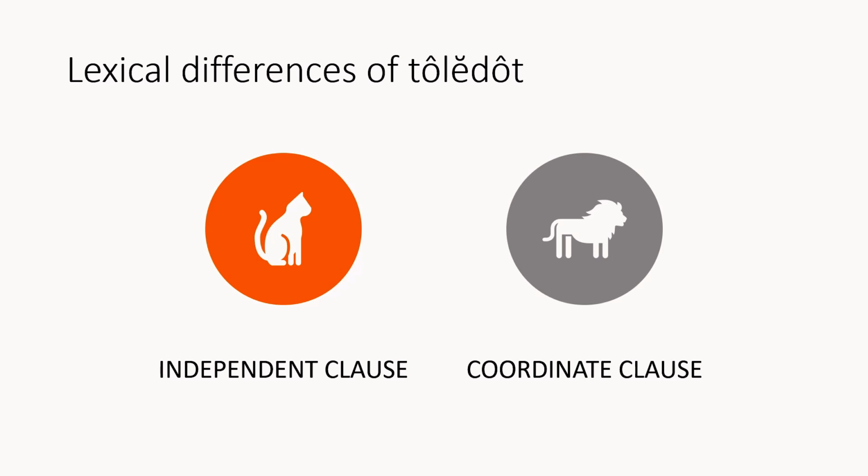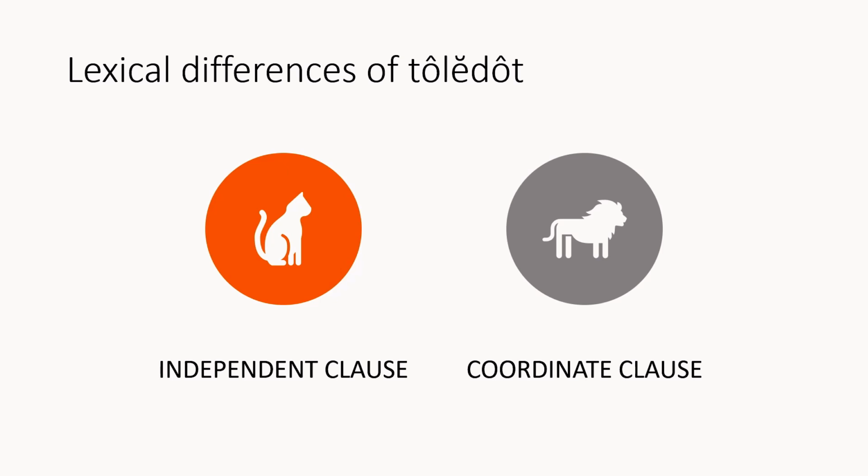The difference is essentially that an independent clause is a standalone statement. So when the Toledot is used as part of an independent clause, it's a standalone statement. When it's used in a coordinate clause, it's a statement that's a part of something bigger. So it's coordinate, it works with something else.